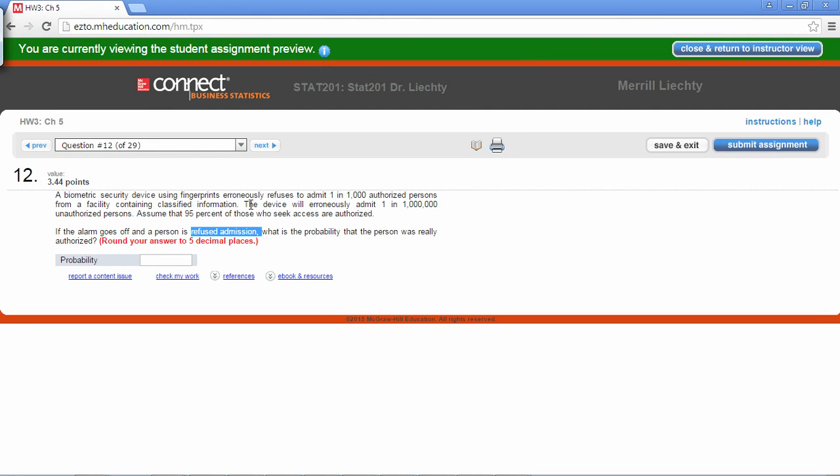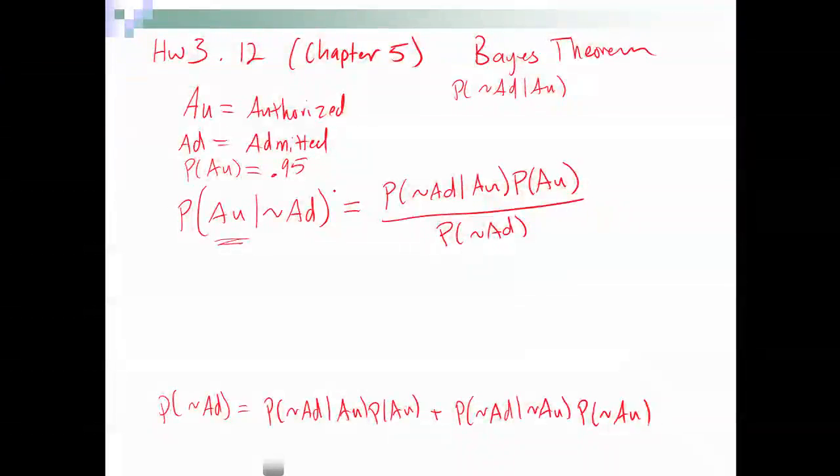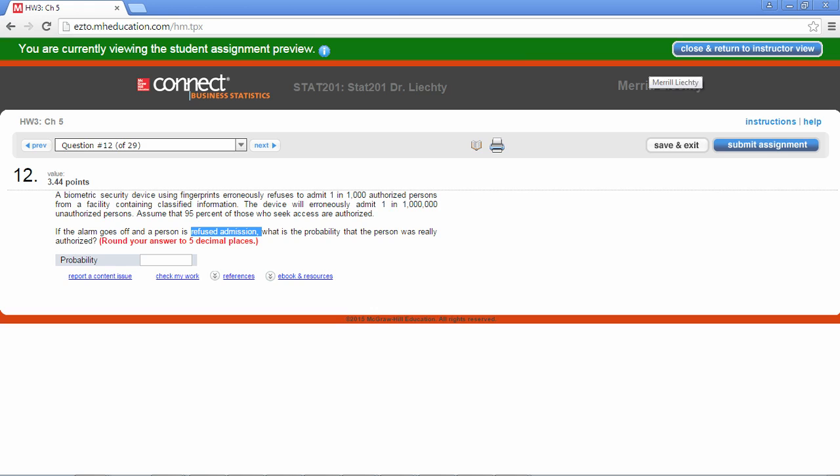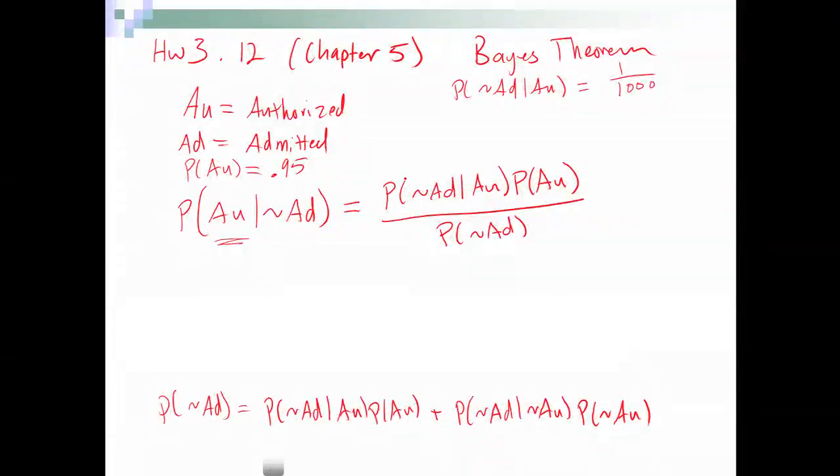Come back over here and it says the device erroneously refuses admission 1 in 1,000 times to authorized people. So given that you're authorized, the probability of not being admitted is 1 divided by 1,000. Okay, what other information are we given here? The device will erroneously admit 1 in 1,000,000 unauthorized people.